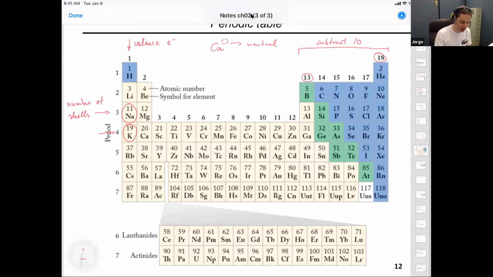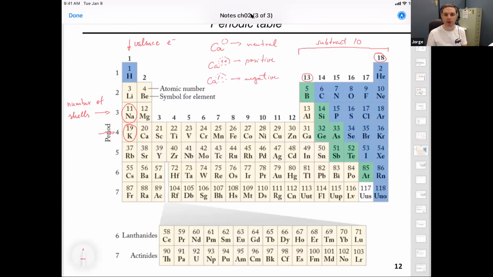If there is a positive charge, that's going to be indicated like that. So now we have here a positive net charge. And if there is a negative charge, then that's going to be indicated like that. Okay.